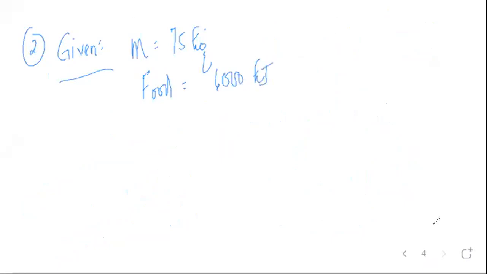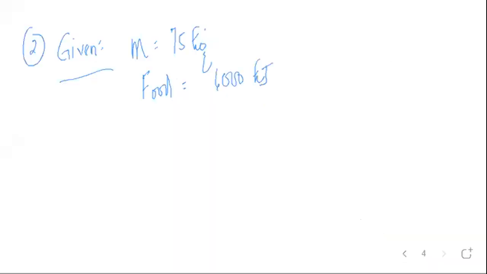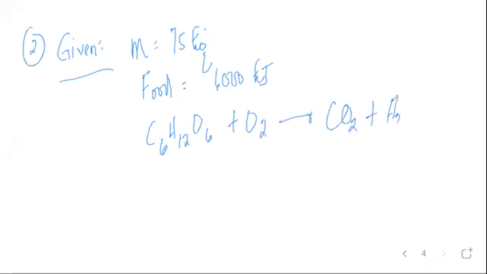And then you're provided with the chemical reaction of glucose. So in this case, C6H12O6, okay, we'll just balance it here. And 2816. So I recall that particular amount of energy, 2816. So in terms of your reaction, the problem already gives that to us. So C6H12O6, okay, then this will form CO2 and water.